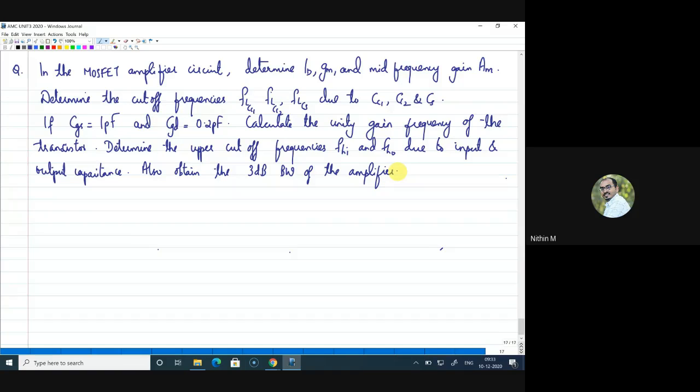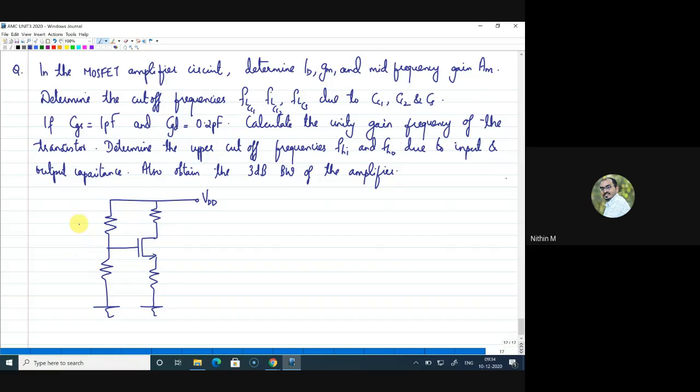All right. So I'll give you the circuit diagram and then I'll explain what all things are to be obtained and how we can proceed. This is your circuit.